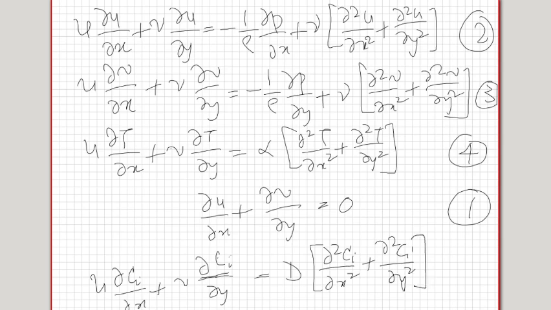Okay. So this is the equation of conservation of species i, concentration of species i. So this is the fifth equation. So this is the set of equations that we will be looking at in the next several classes.